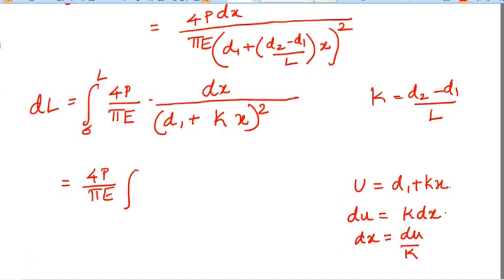Instead of dx, I can write du divided by k, and instead of the squared term I can write 1 by u square.